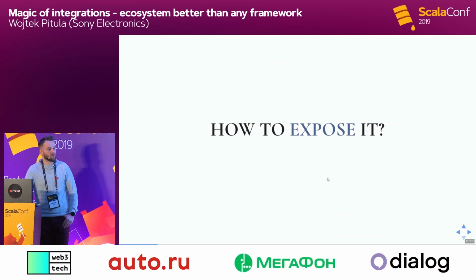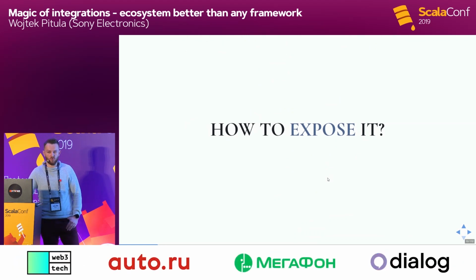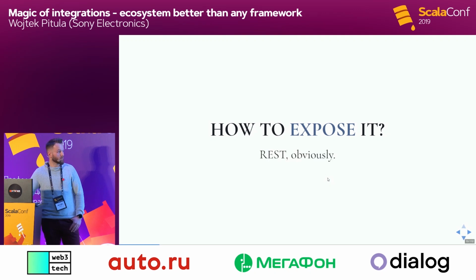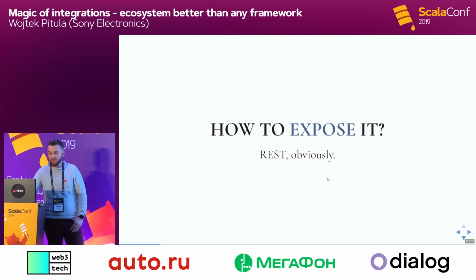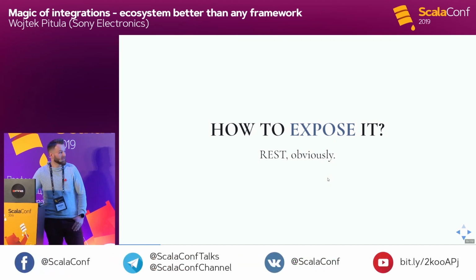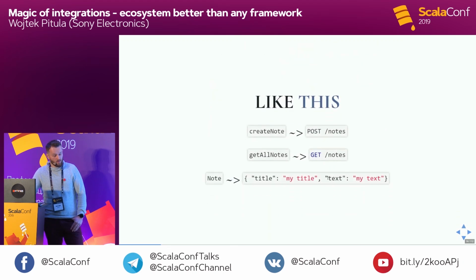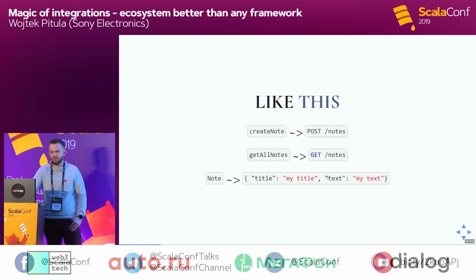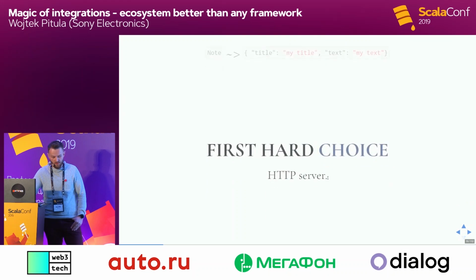This API we need to expose somehow to the user, and we will use REST, because everyone knows REST. Maybe we should be using GraphQL, as John advised. But let's stick to REST for now. So the creation becomes a POST request, the retrieval becomes a GET request, and the note itself is a JSON document. Nothing very interesting here.